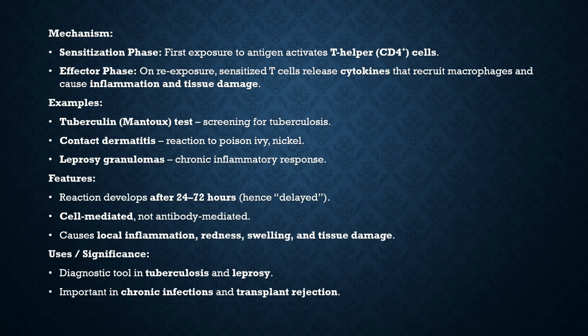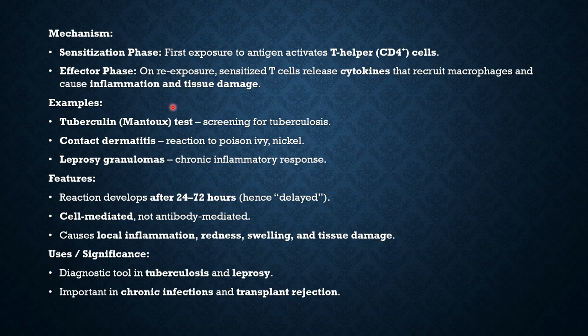Now coming to the mechanism, there are two phases involved here. First is the sensitization phase and second is the effector phase. The sensitization phase is the activation phase. When the antigen is exposed for the first time, T helper cells will be activated.